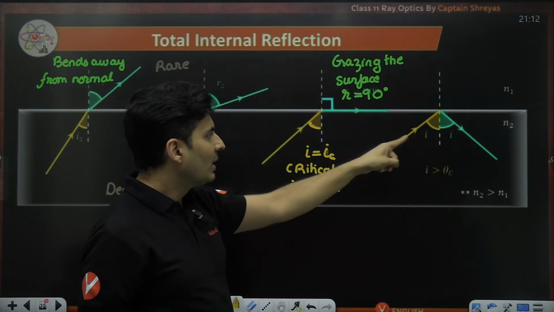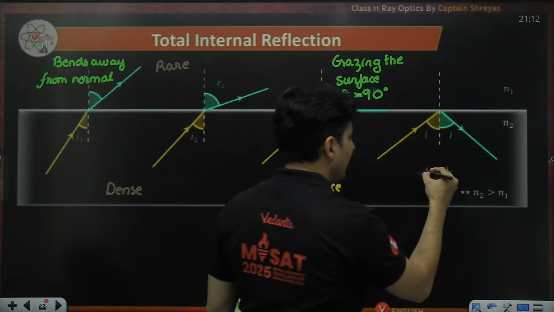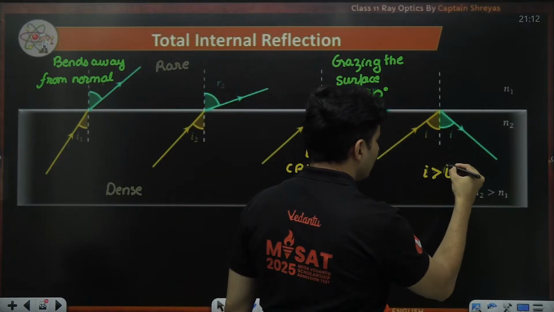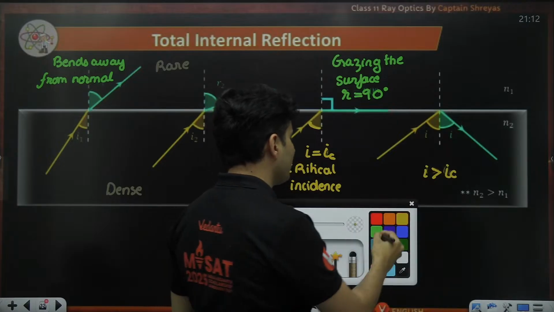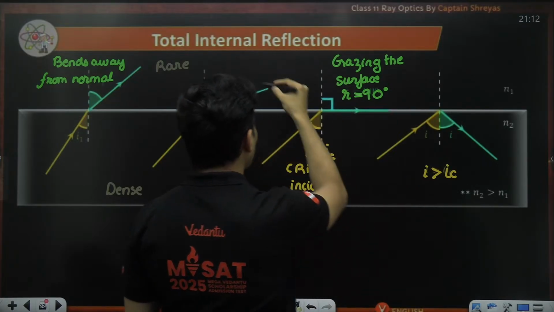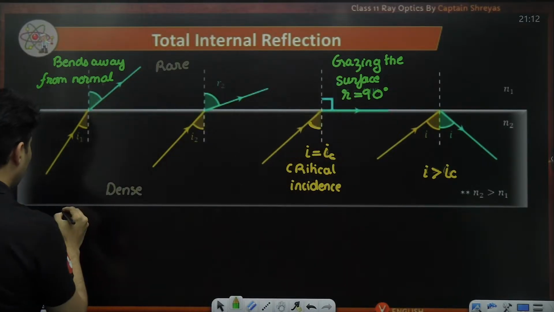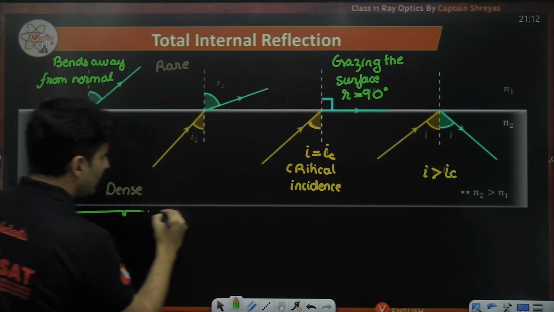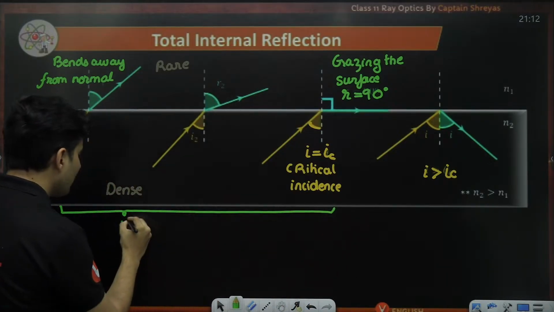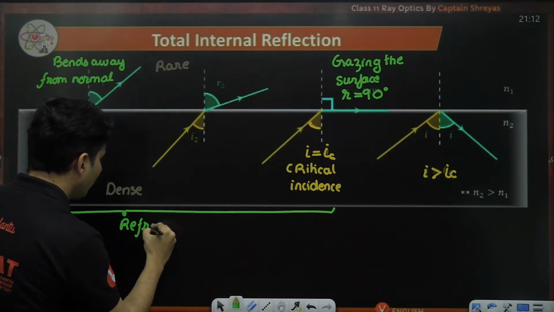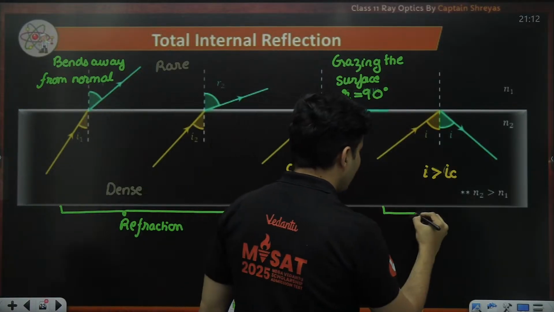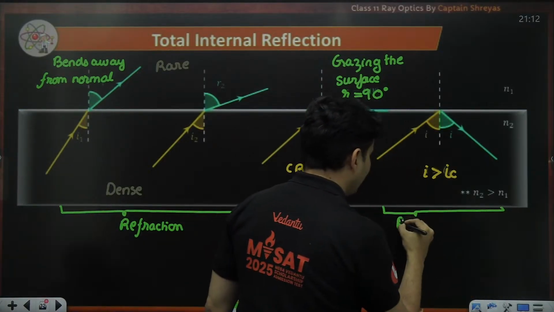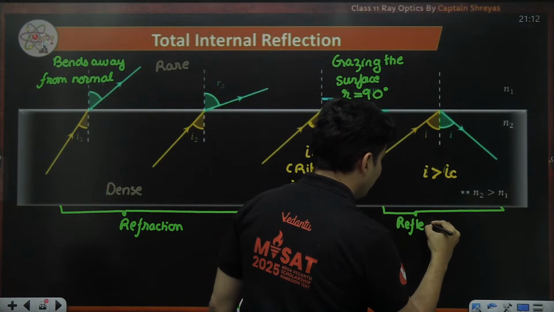Because the angle of incidence is more than the critical angle, the ray will get reflected inside instead of refraction. At all these places, you are seeing refraction happening. But over here, what are you seeing? It is getting reflected.